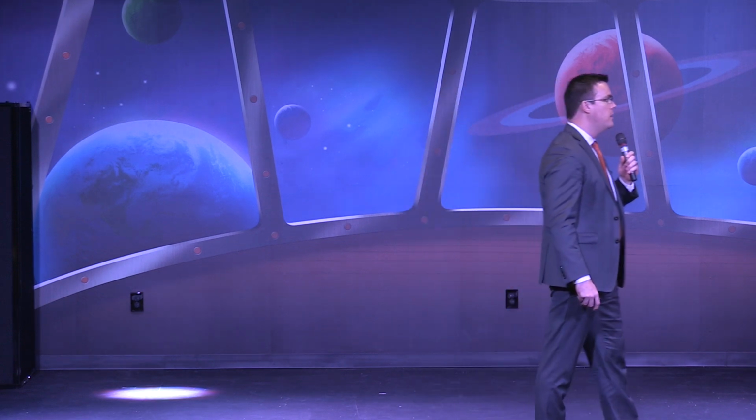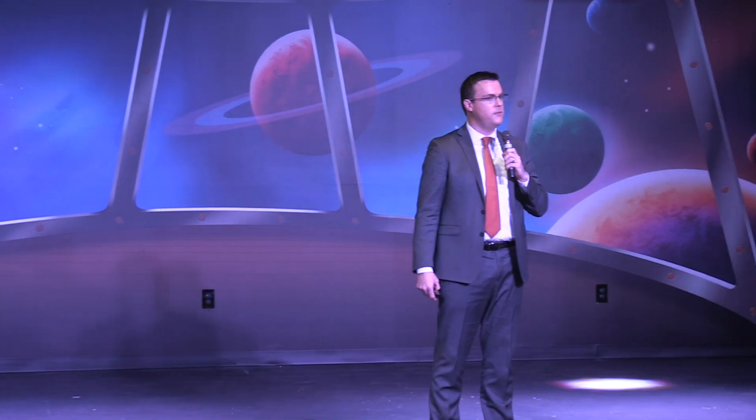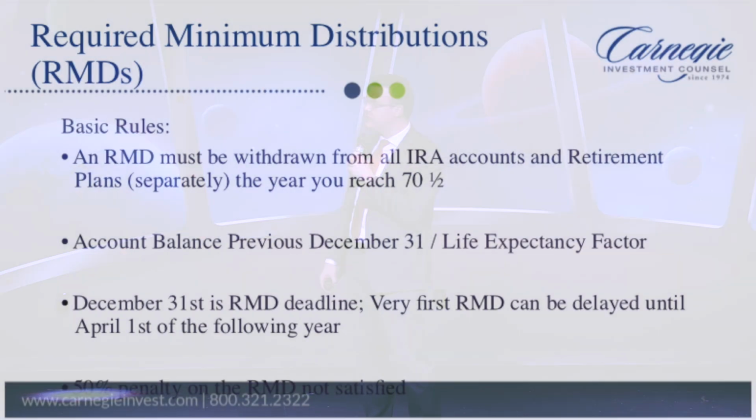And there's various tables that you can use for those life expectancy factors. I believe it's publication 590 on the IRS's website. Don't worry about that. If you're a client of Carnegie's, we will help calculate those required minimum distributions for you, and we will help you satisfy those minimum distributions.